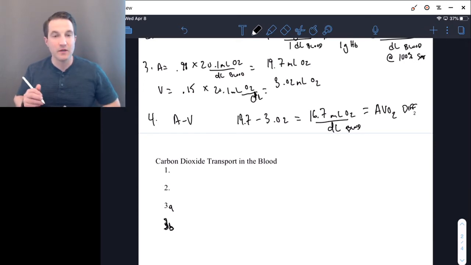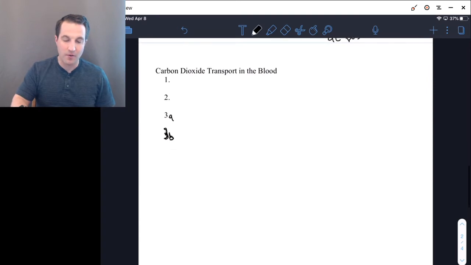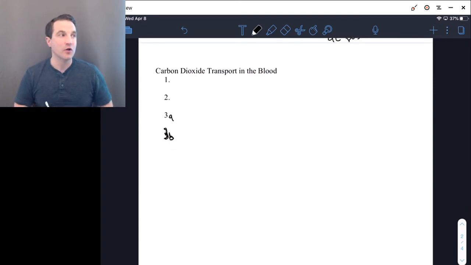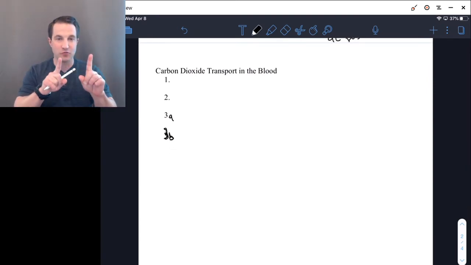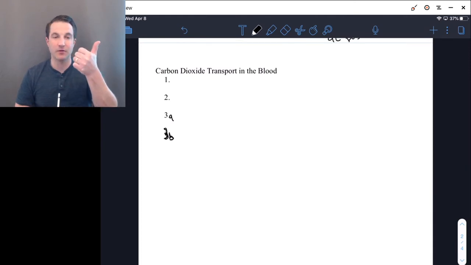All right, so let's think back to our methods of oxygen transport. We had 2 methods of oxygen transport before. We had dissolved in the blood plasma and bound to hemoglobin. And we have both of those same 2 mechanisms here with carbon dioxide transport.